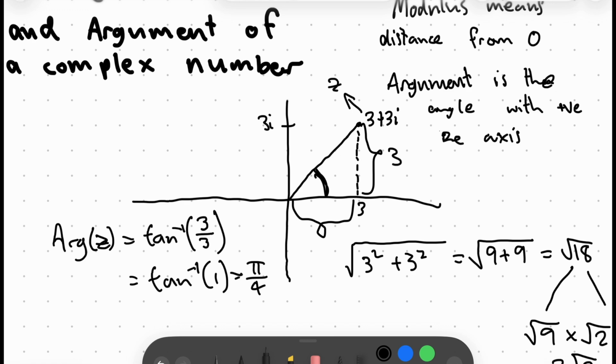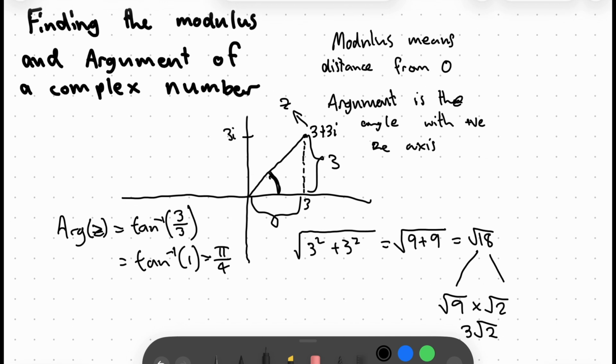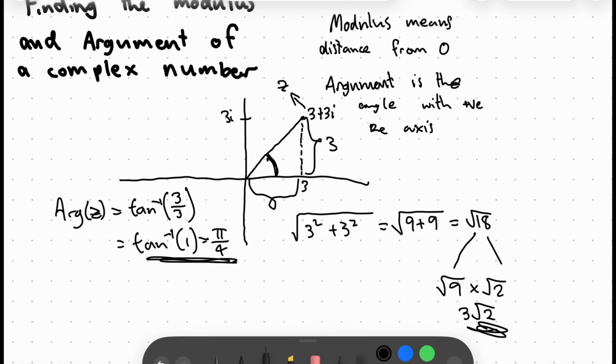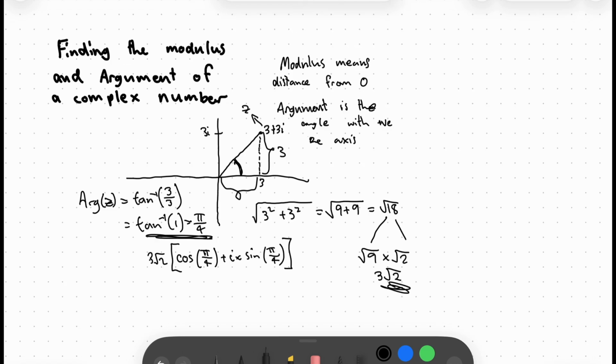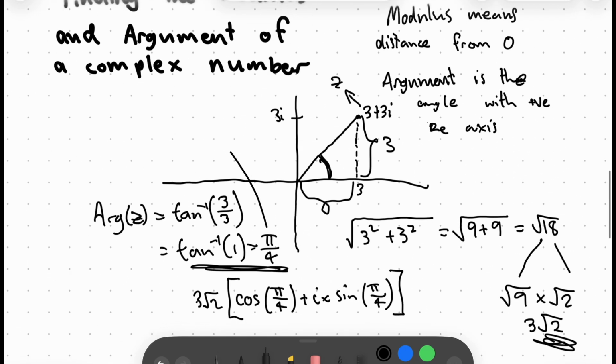So, there we go. We just found the modulus, which is 3 root 2, and the argument, pi on 4. Now, if we were to write this number in polar form, that would be 3 root 2 outside of cosine of pi on 4 plus i times the sine of pi on 4. Now we have to remember, always use radians.